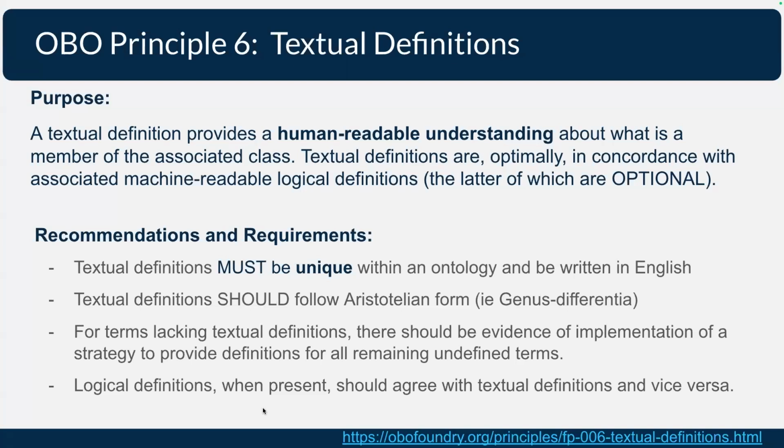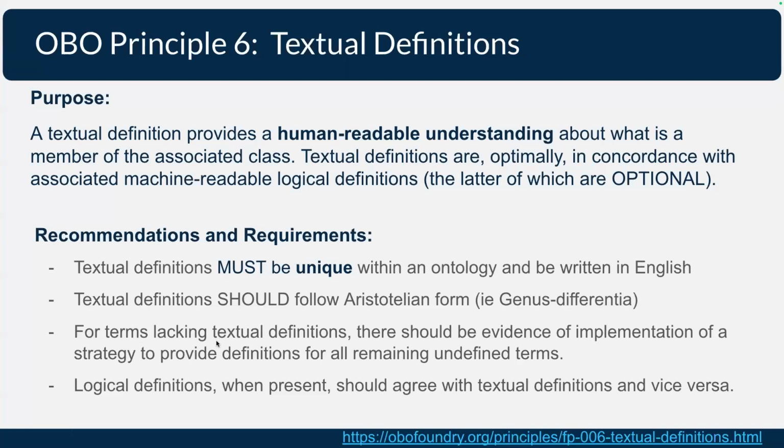And basically, the important point that I wanted to make here about what the obo principle recommends is that the textual definition must be unique, which makes sense since a definition represents the meaning of a concept. A concept should only have one meaning. The textual definition should follow the genus differentia structure. We will talk about that in a minute quite a bit.